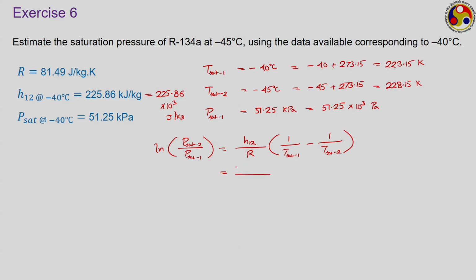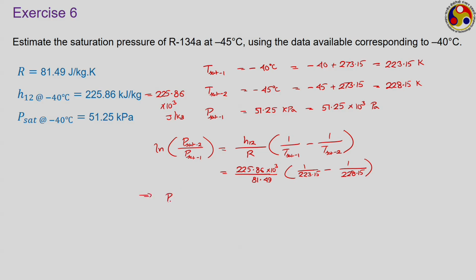So, your h_fg is 225.86 into 10 cube divided by R is 81.49 into (1 by T_sat1 is 223.15 minus 1 by 228.15), and you have to put the expression for P_sat1.